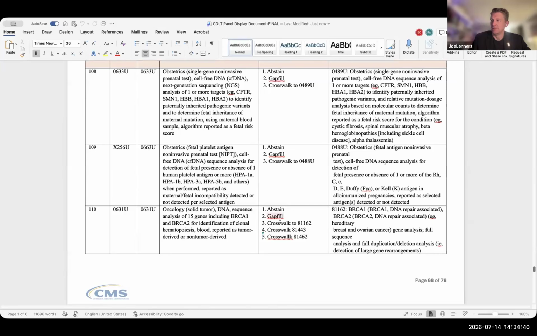Just to support what Chris said, 81443 is a specific 15 gene inherited condition code, which does not fit clonal hematopoiesis. In the furthest sense, that has something to do with genes, yes, but that's different.